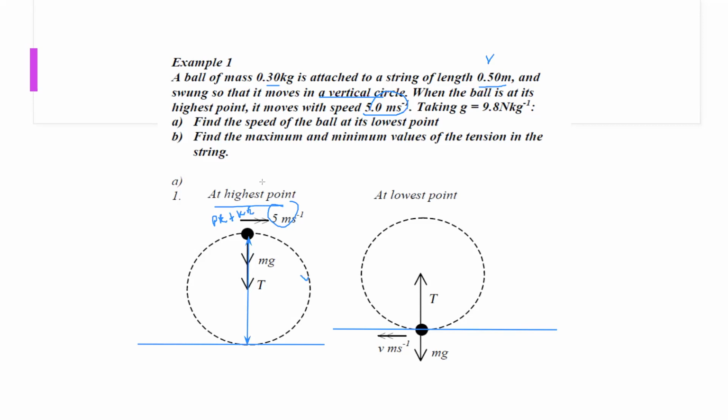And because it is moving also, it will have kinetic energy. For conservation of energy, the total energy at any point will be the same, and in the question they did not mention that energy is lost. So the total energy is conserved. If I mention the highest point as A and the lowest point as B, at the lowest point it will have only kinetic energy, not any potential energy.